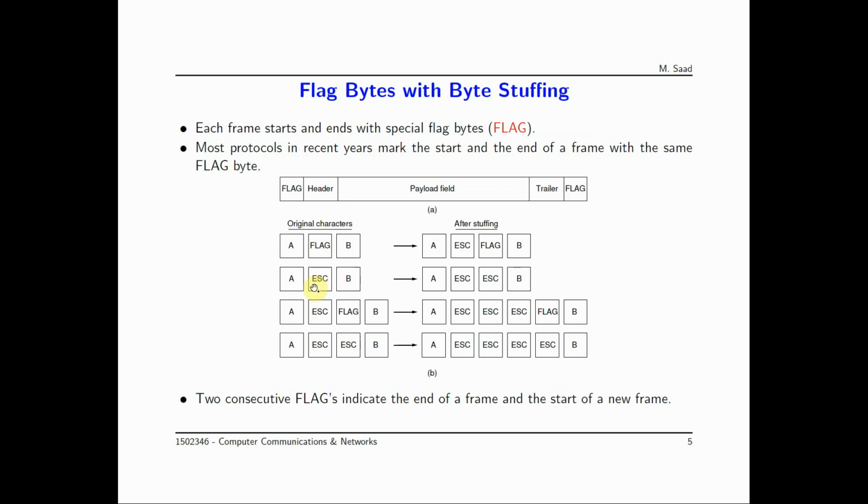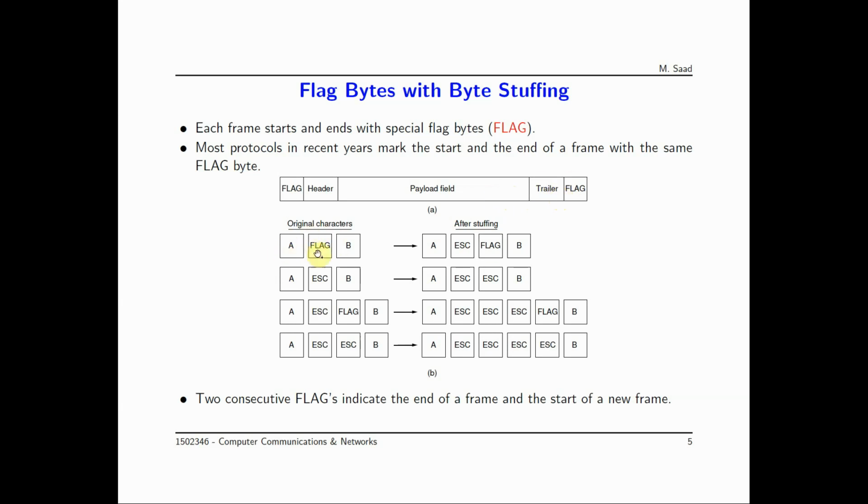So how do we use this escape? We use this escape as follows. So first of all, this is our frame from the beginning until the end of the frame that we need to send. How does the sender send this frame? First of all, it adds a flag at the beginning and a flag at the end. This is to begin with. This is the easy part. It happens all the time. However, before sending, the sender would go through the data, would go through the frame itself.